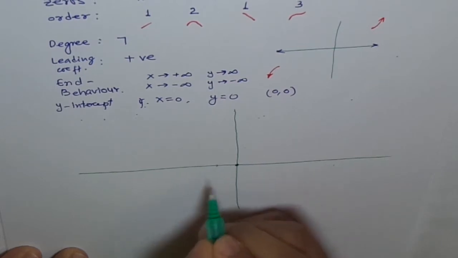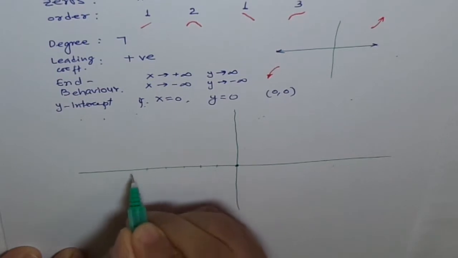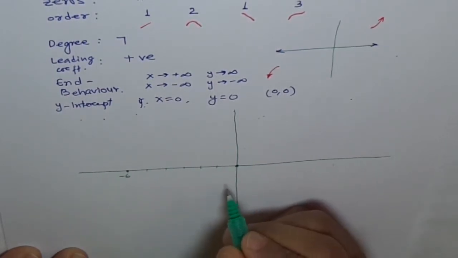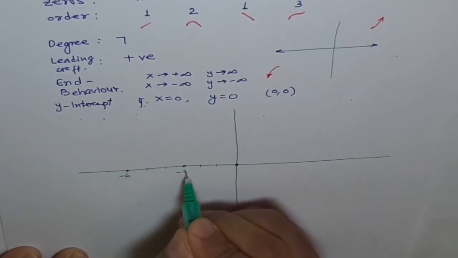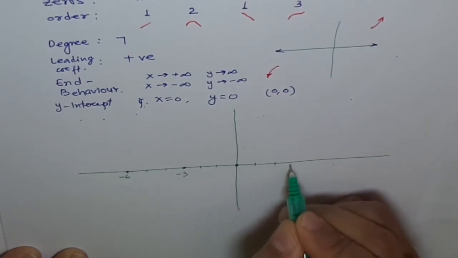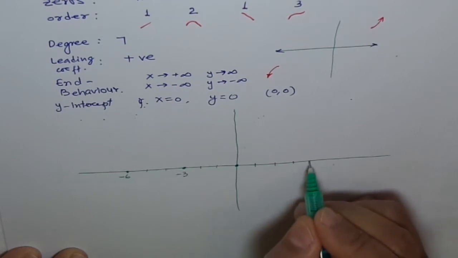Let's say 1, 2, 3, 4, 5, minus 6. So this is our minus 6. Then we had minus 3. 1, 2, 3. This is minus 3. Then we had plus 4. 1, 2, 3, 4.